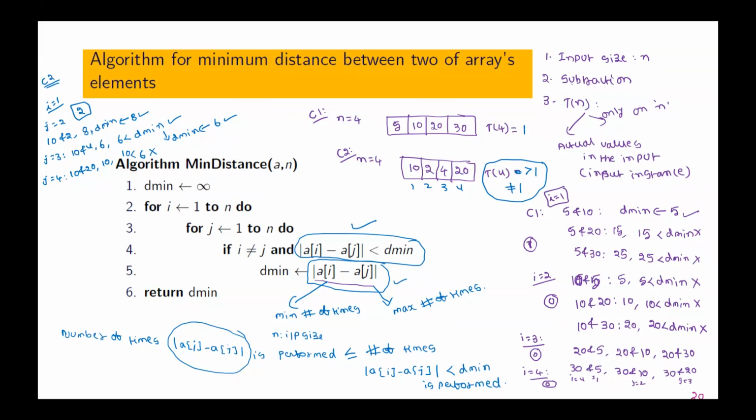Otherwise, move to next. Oh, that too we have not completed. What is the running time of this algorithm finally? Order of n square. This is theta of n square.